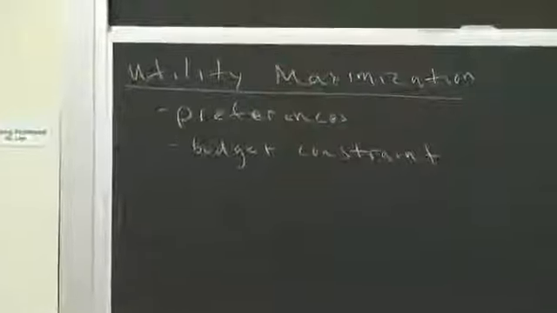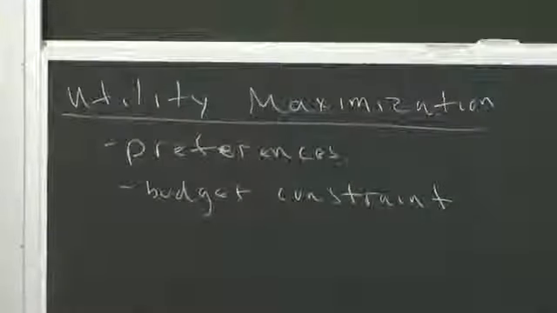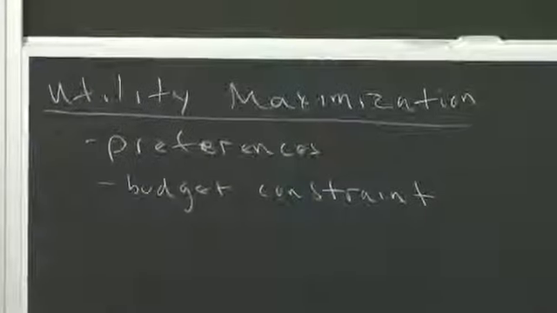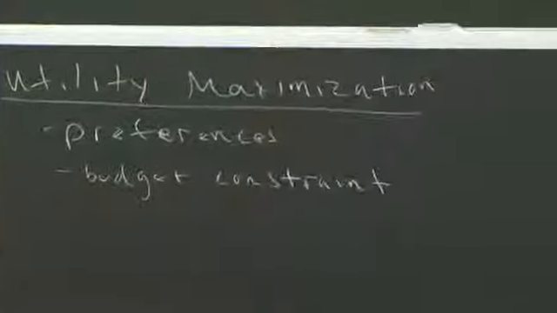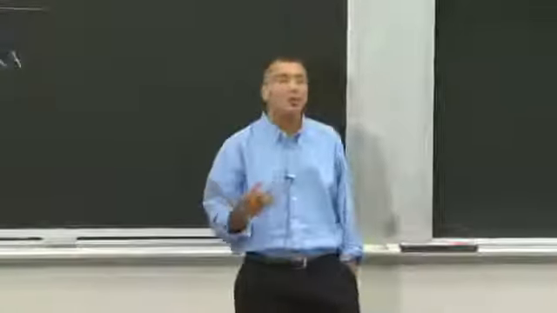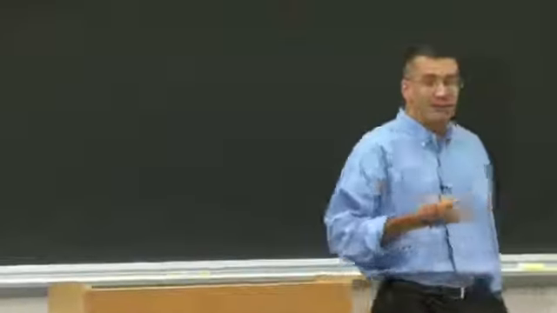And then we do a constrained maximization problem that says, given your preferences, given what you'd like, subject to the resources you have available, what choices will you make? In particular, we're going to ask, what bundle of goods makes you the best off, given your preference and your constraint? So think about consumers choosing across a set of goods.